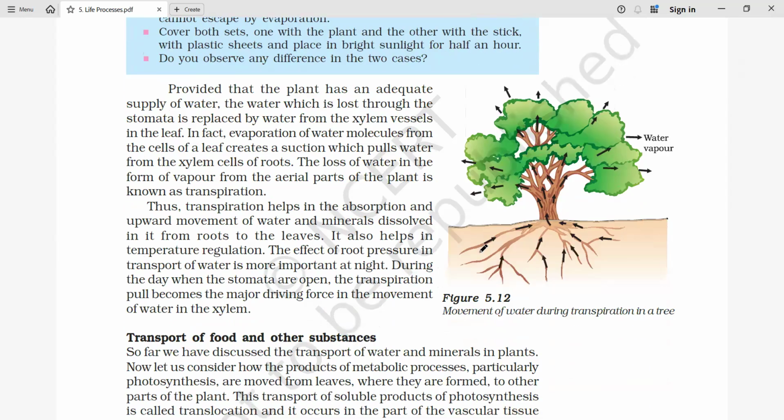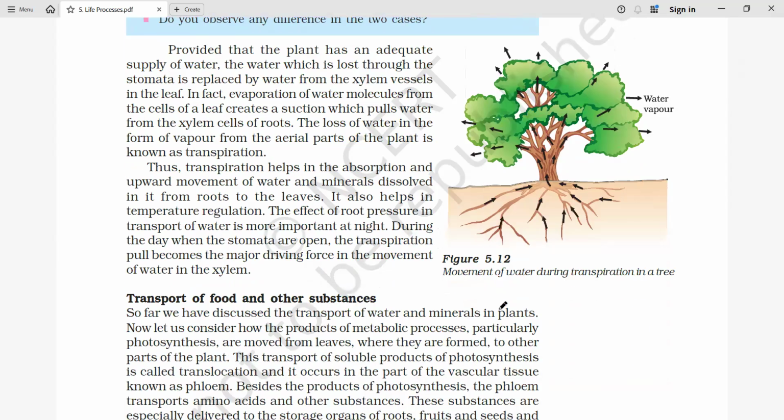So sufficient amount of the water is going to pass, and again plants are also going to lose some water, like we have seen the plants are also having pores, so through those pores it is going to lose the waters, so they're having stomata, so that stomata is going to lose the water. And already we have seen how this opening and closing of the stomata is being controlled by the guard cells.